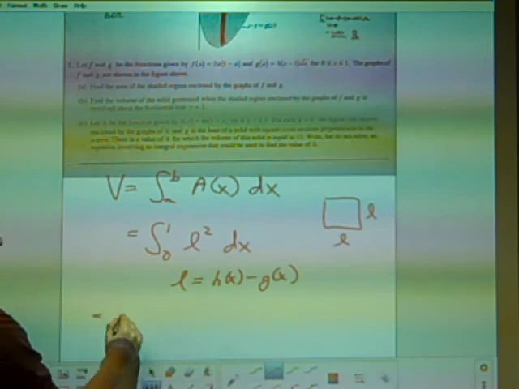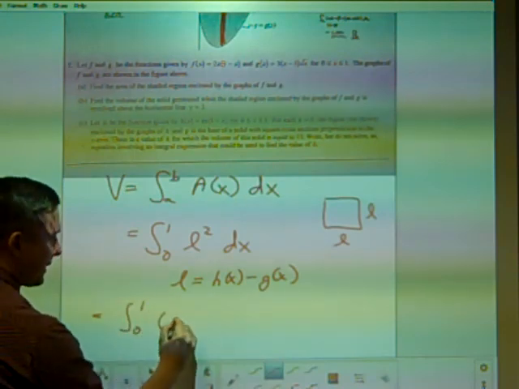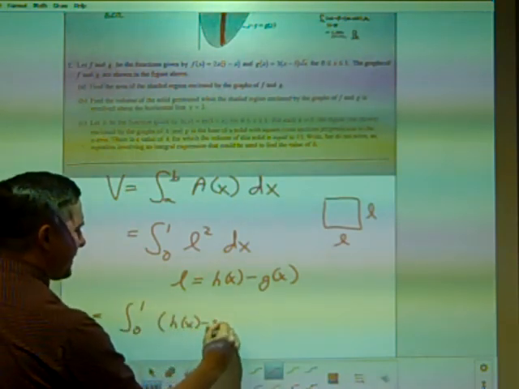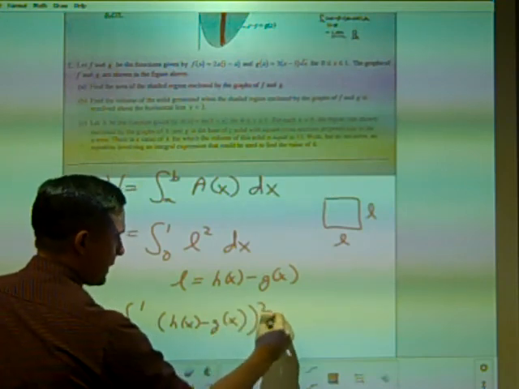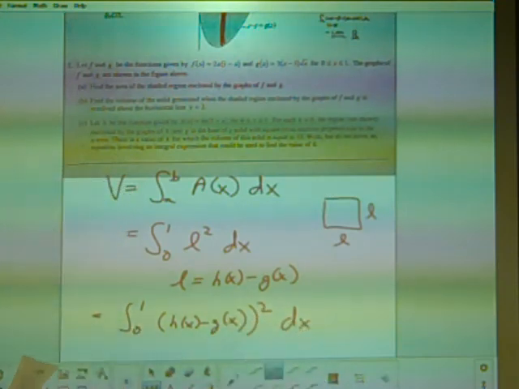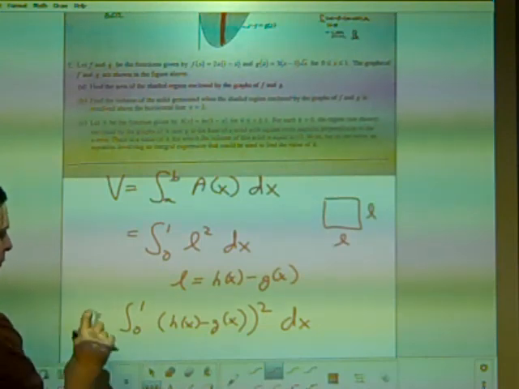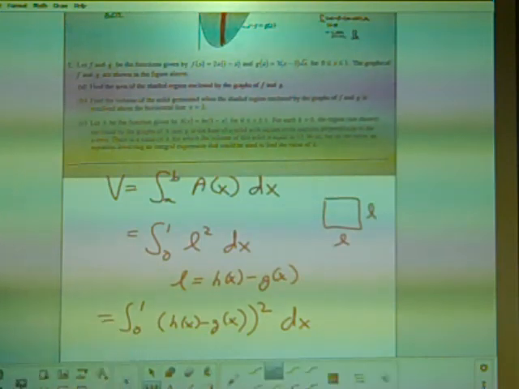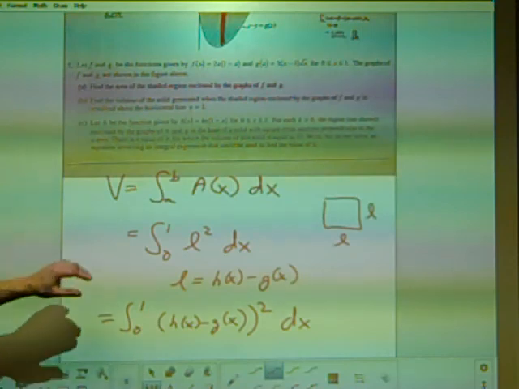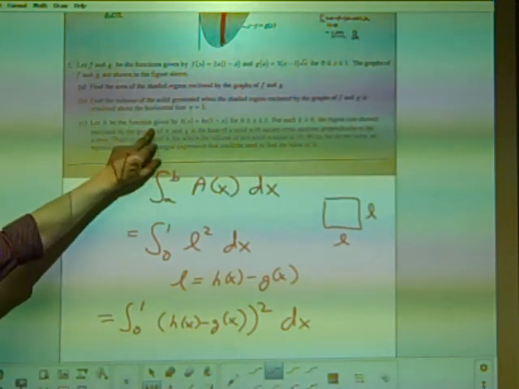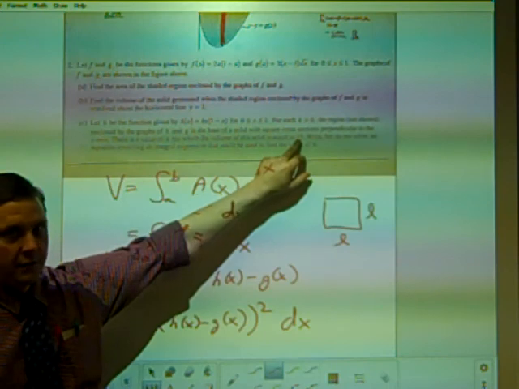So I'll plug that in. 0 to 1, quantity of h of x minus g of x, quantity squared, dx. And what do they say about the volume this time? In the problem it said there's a value of k where the volume equals 15.